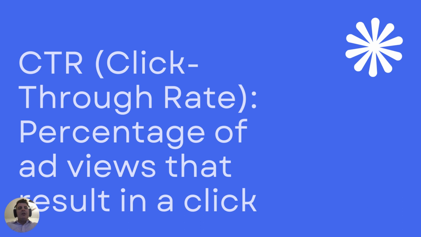Second thing is click-through rate, the percentage of ad views that result in a click. So this is basically when someone views your ad, but maybe they don't necessarily click on it. So what is the click-through rate? A lot of people say the percentage of ads that results in a click. And this is one of the most important things because you want a high click-through rate, because typically when you're getting a higher click-through rate, your ads are performing better.